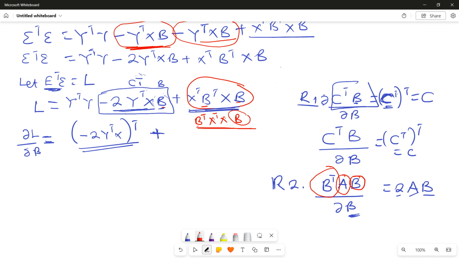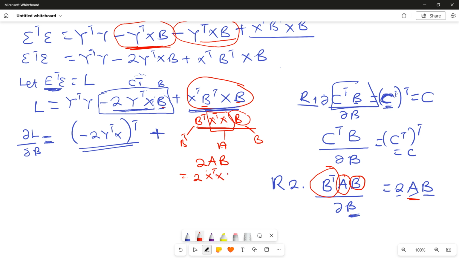Meaning that if we want to differentiate that term with respect to b, the answer should be 2 times a, where our a is x transpose x, times b. Which would just be 2, and what is our a? Our a is x transpose x.